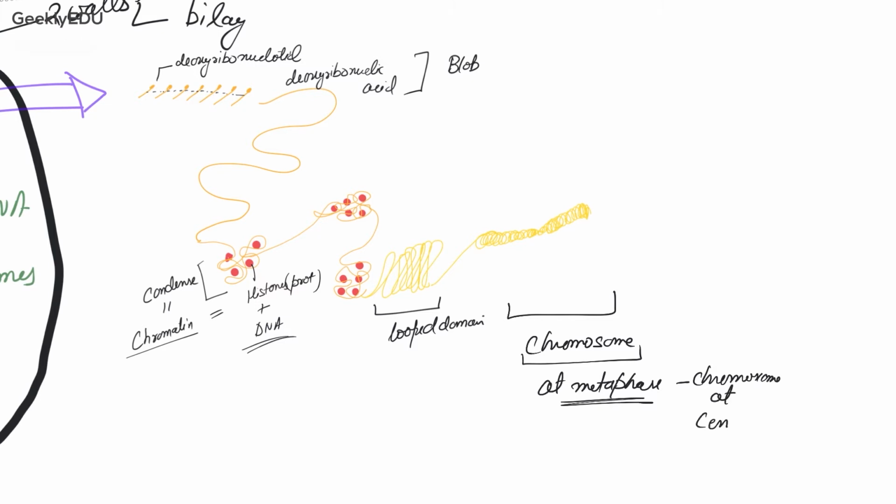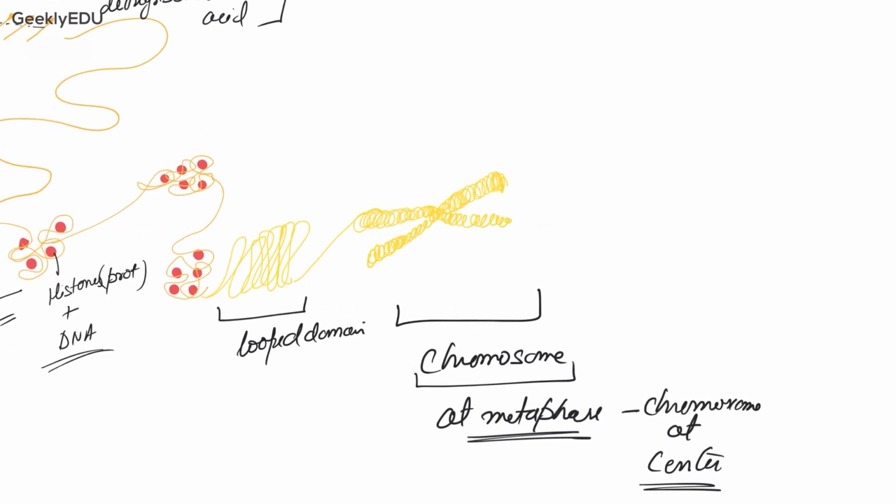So when you have chromosomes at the center of the cell, that is when you can see it. But I know your brain must be asking a question that almost always in your books you see two arms of the chromosome. Why? Where does this second arm come from?